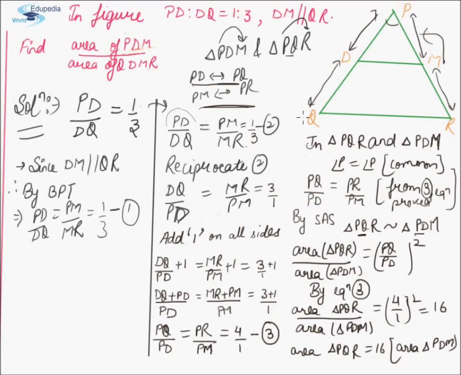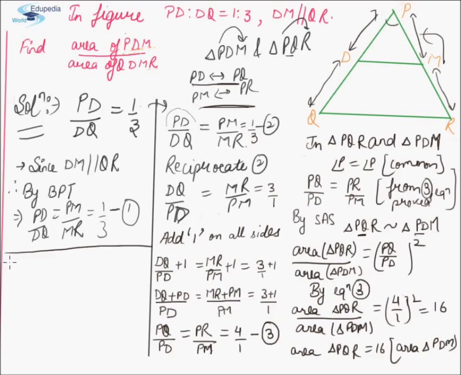Now if we look in the complete figure, we can say that area of PQR triangle is equal to area of triangle PDM plus area of trapezium QDMR.